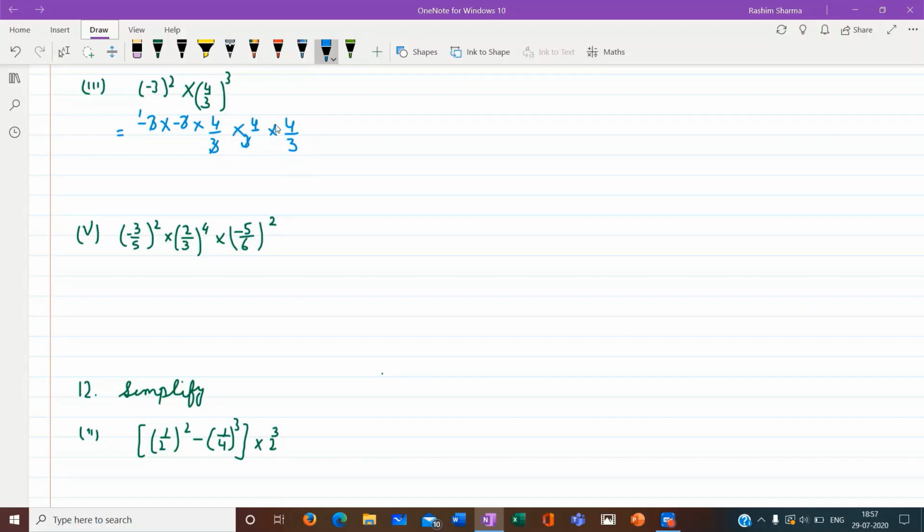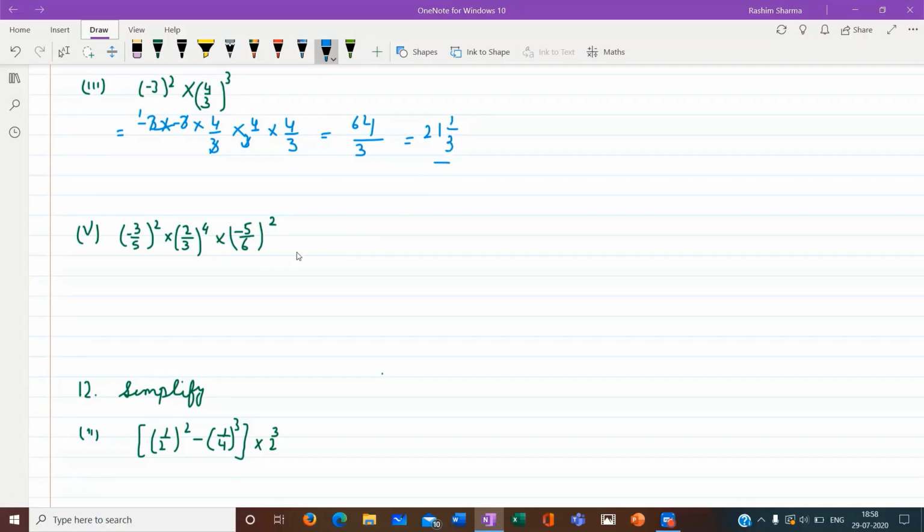Okay. And here we are left with 4 4s are 16, 4s are 64, and here 3. This minus sign 2 times means it will become positive. So 64 on 3. So we can convert it into mixed fraction also. It is 21 and 1 on 3.